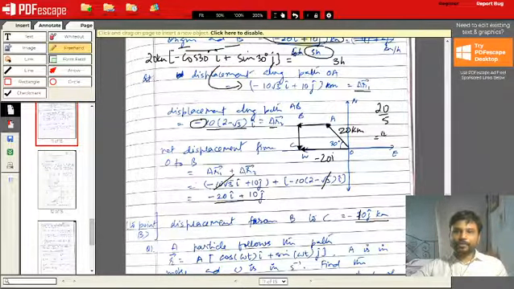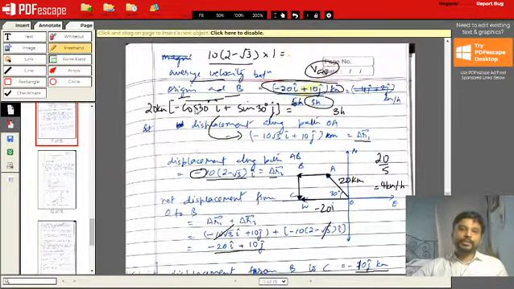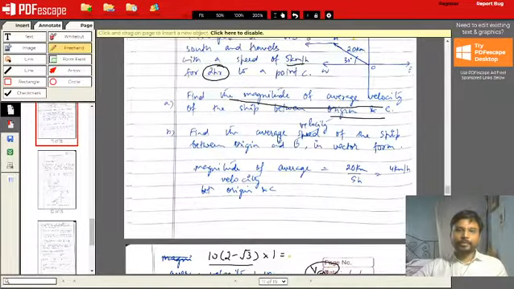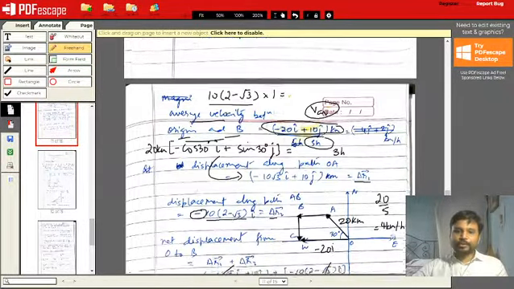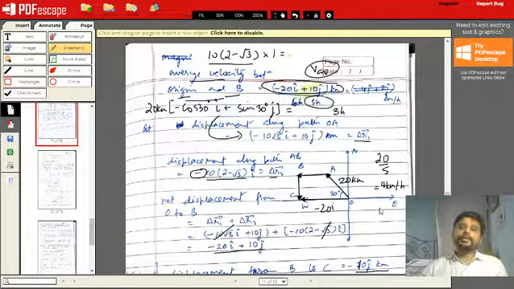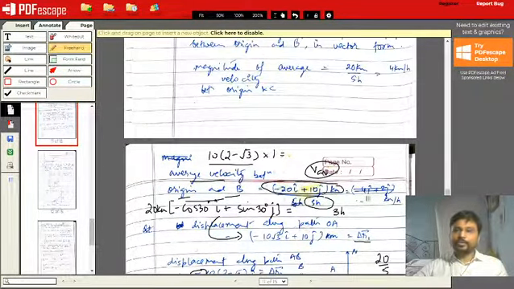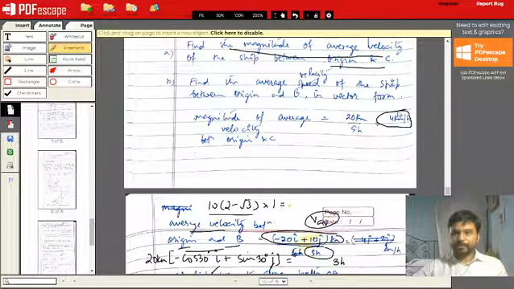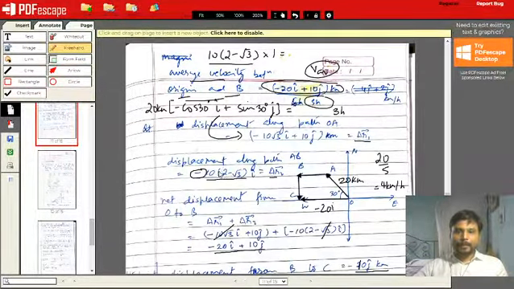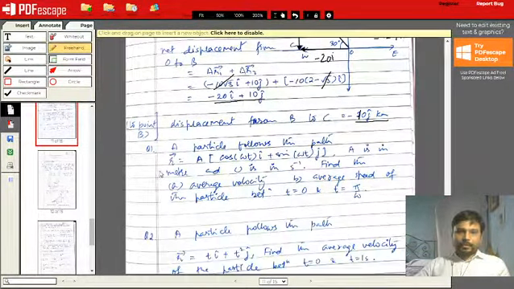So that would be 4 kilometers an hour. Since we have to only write the magnitude of the average velocity, this much is sufficient. Otherwise, we have to mention whether this is negative x direction or positive x direction. This was calculated here directly. Next question.